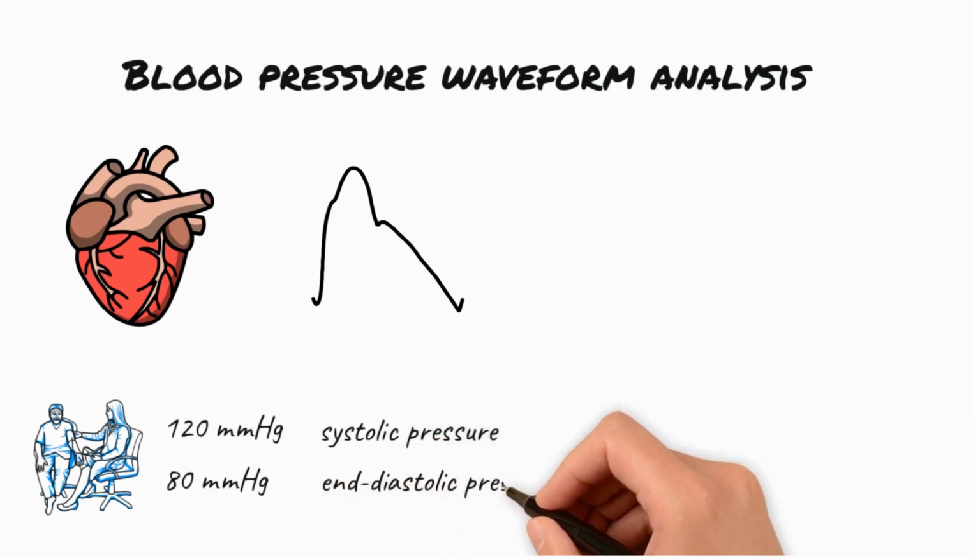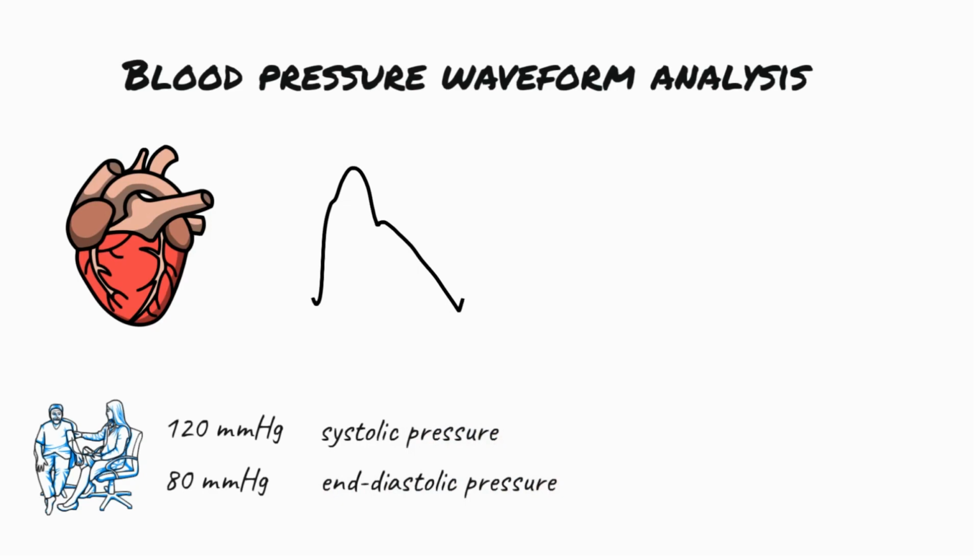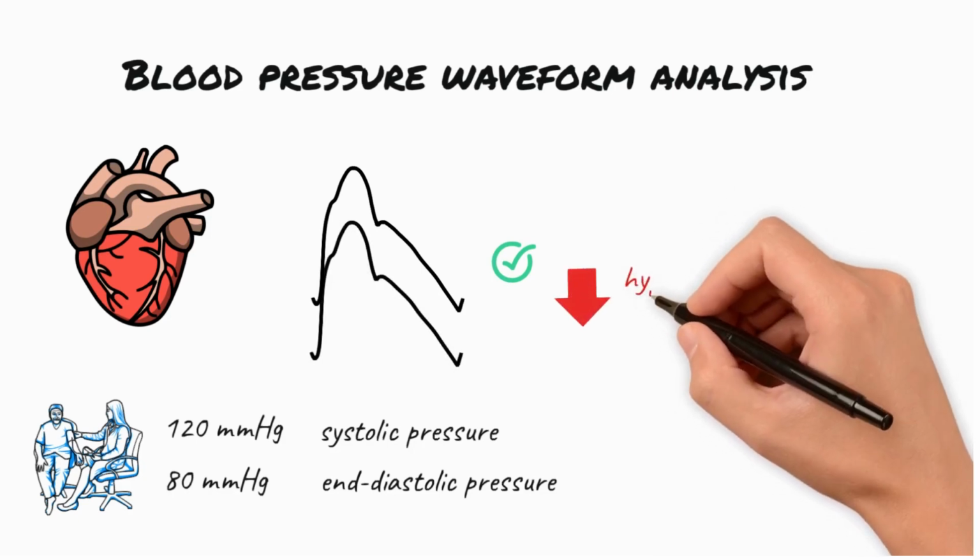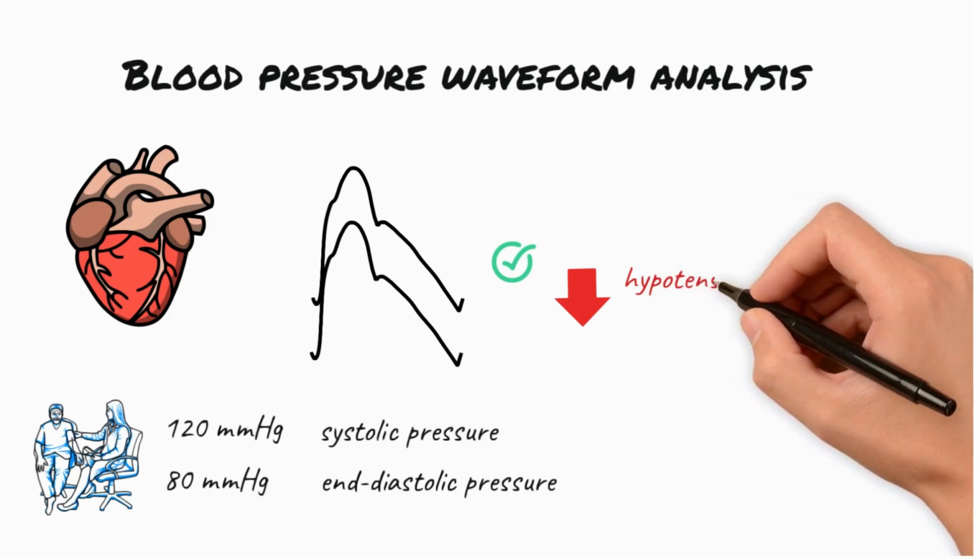So when new medicines are being developed, the systolic and diastolic pressure are used to assess cardiovascular safety of drugs. As we said, 120 over 80 is generally considered okay. If a drug decreases the pressure, however, patients can experience a hypotension, and this can, for example, result in patients feeling dizzy or fainting.